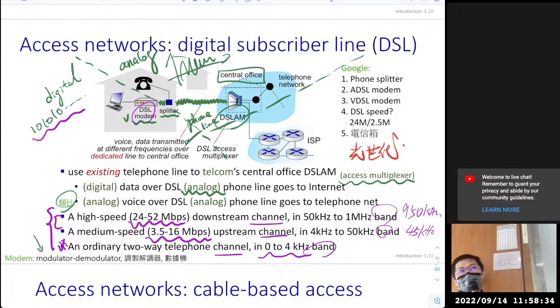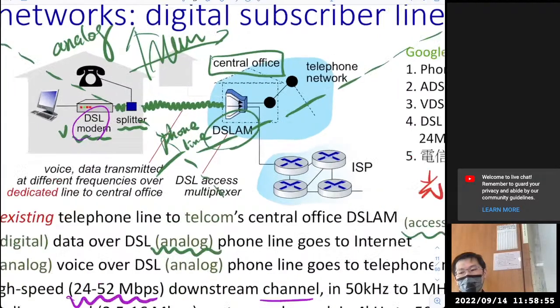When you apply for fiber service, 光世代 from HiNet, actually the fiber does not come into your household. But you can get, for example, more than 500 megabit per second, or 1 gigabit per second services. But how are those things done?